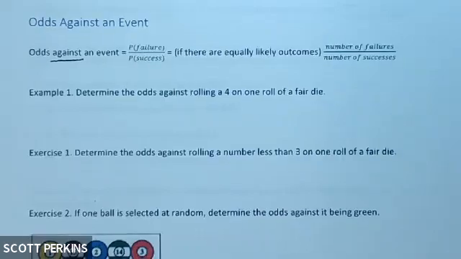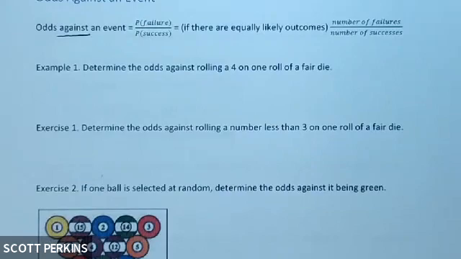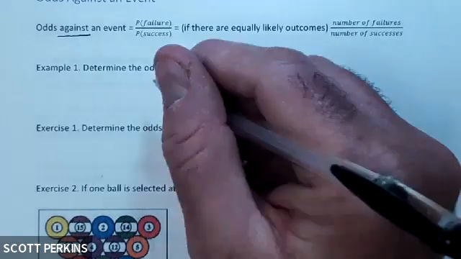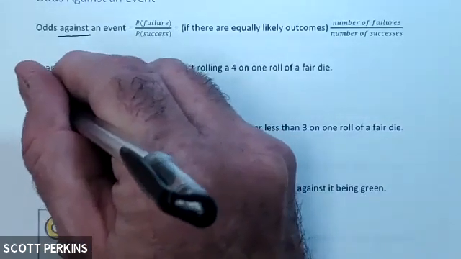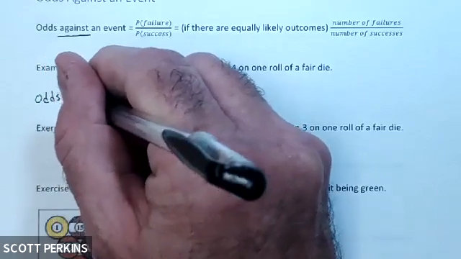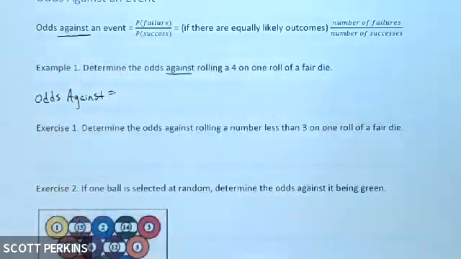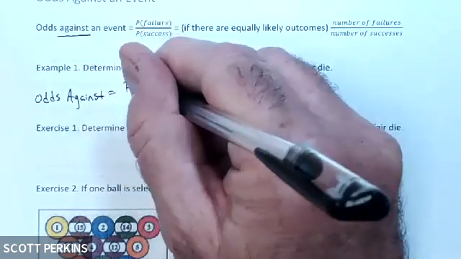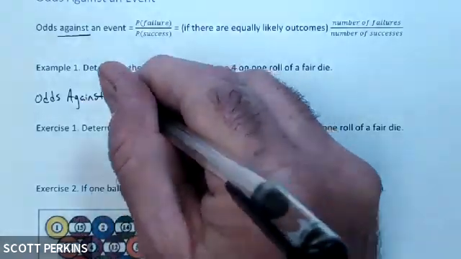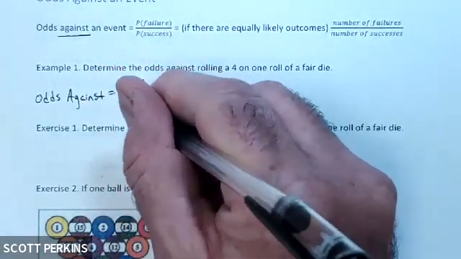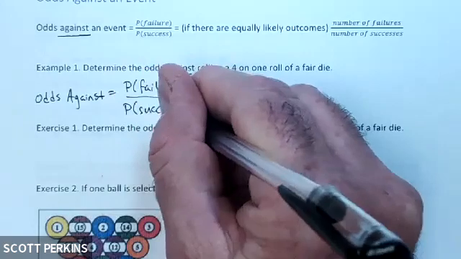So for instance, my first example, example 1, says determine the odds against rolling a 4 on a die. The odds against look like this. It's the probability that I fail to roll a 4 over the probability that I successfully roll a 4.